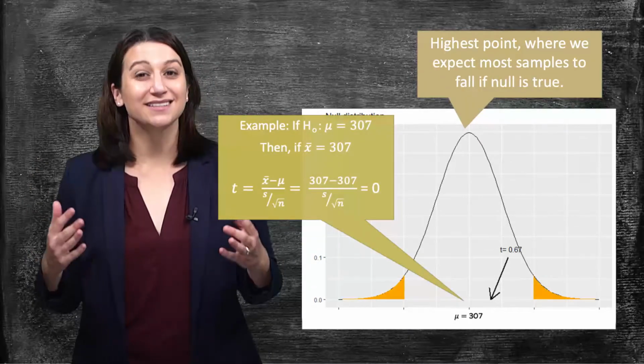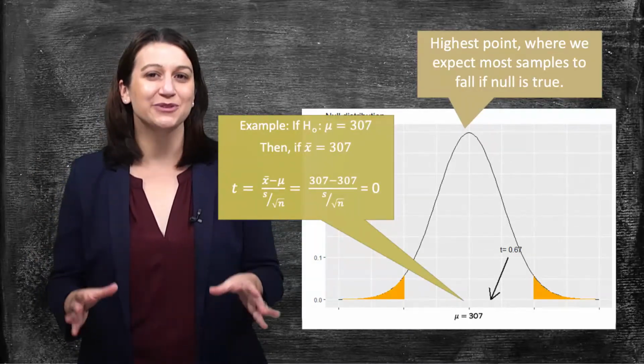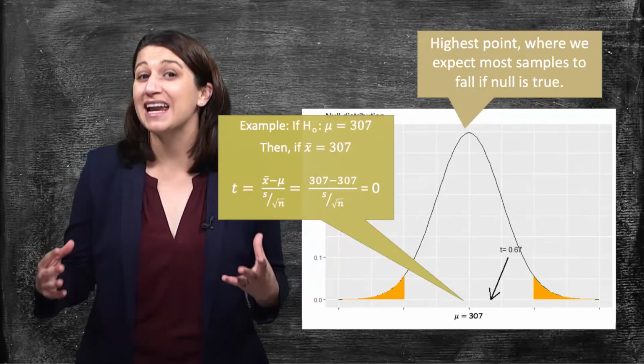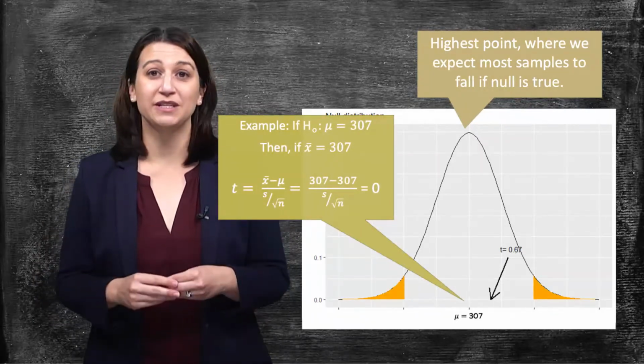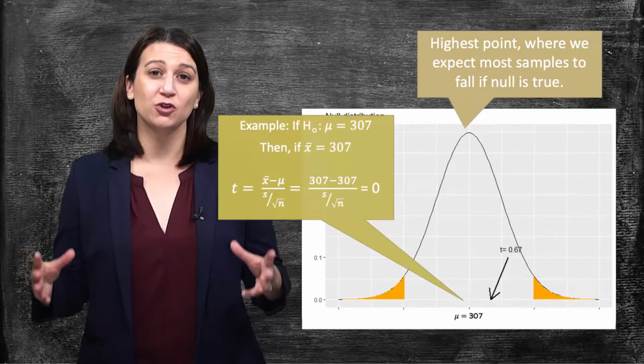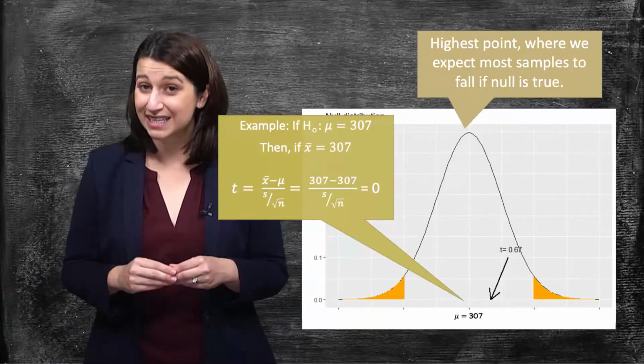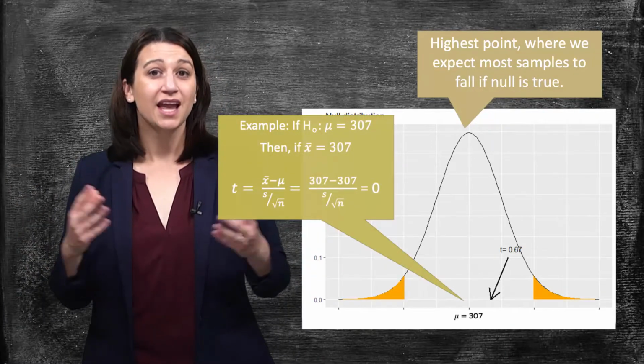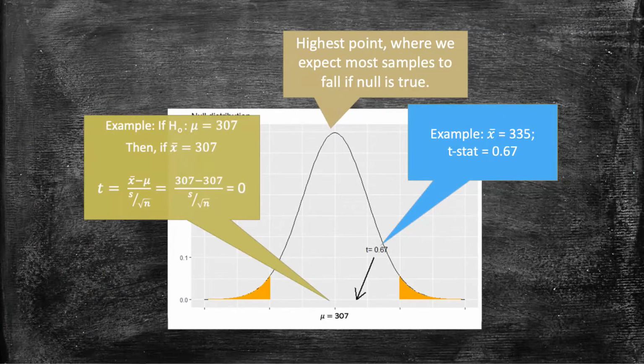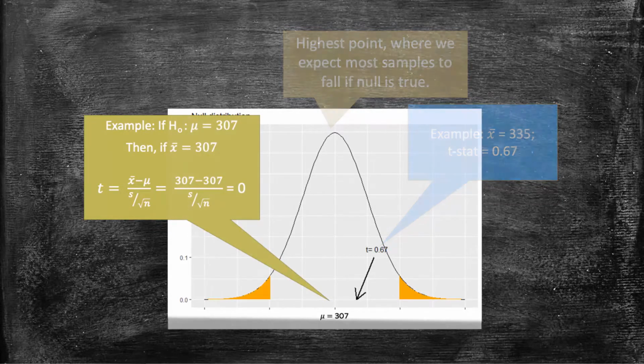We could expect a sample mean reasonably close to 307 for 95% of the samples we could obtain if the null was true and the population mean really is 307. This is why if we find a t-statistic that's not far out in the tails, we fail to reject the null. This is what we expected if the null was true.